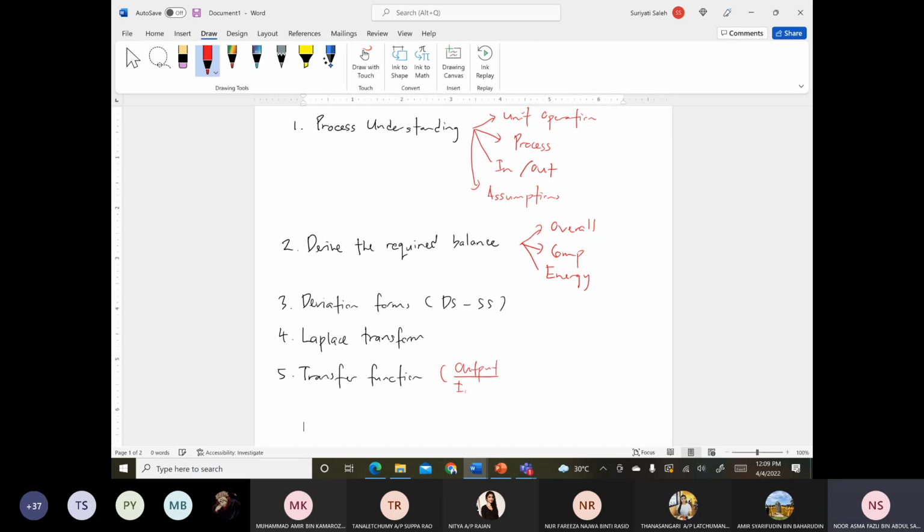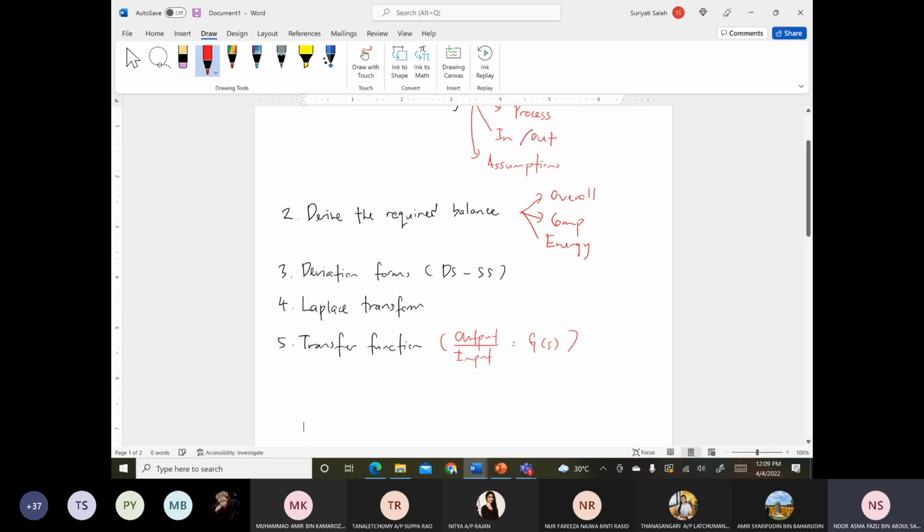The transfer function normally has the symbol of capital G of S. So G(s) represents the output variable divided by the input variable.